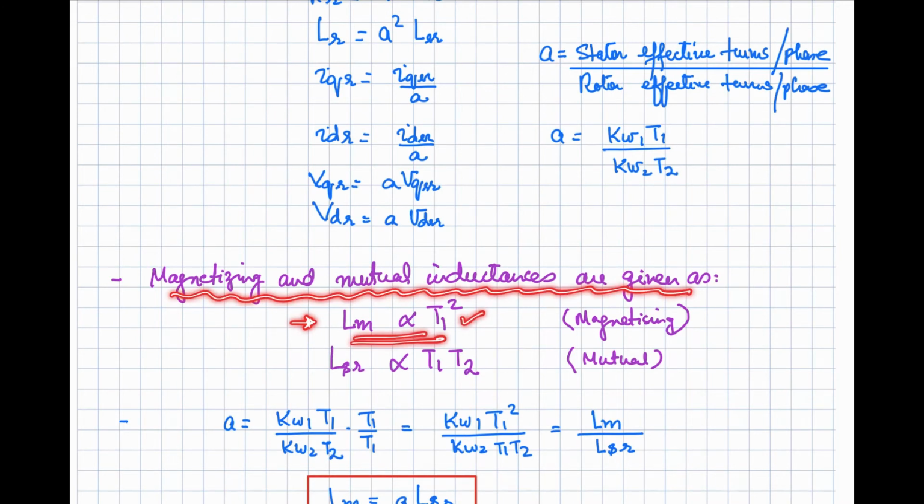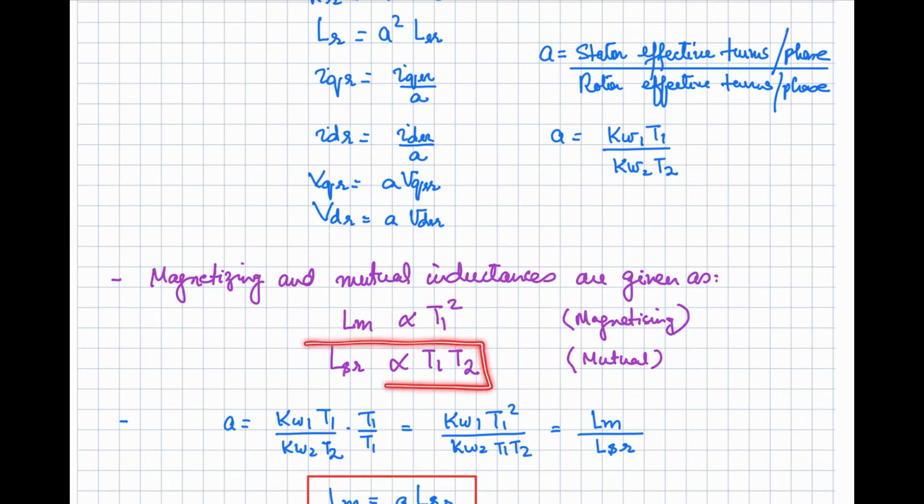On the stator side, the magnetizing inductance is proportional to the square of the turns, and similarly the mutual inductance is proportional to the product of the number of turns in the two windings, T1 on the stator side and T2 on the rotor side. So the number of turns are very important because they determine the magnitude of the inductance.